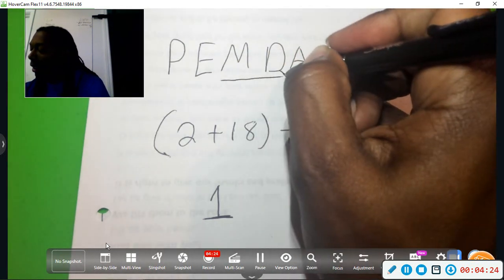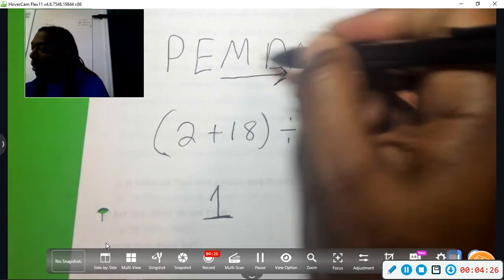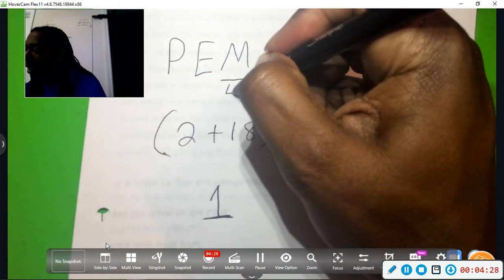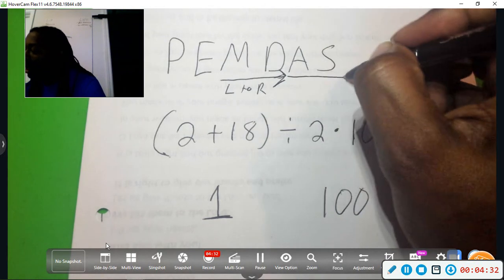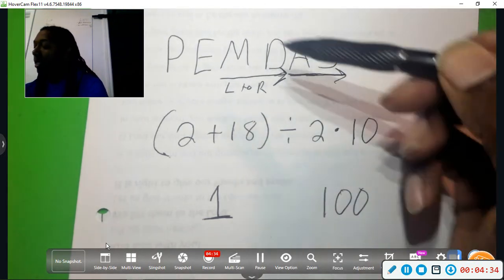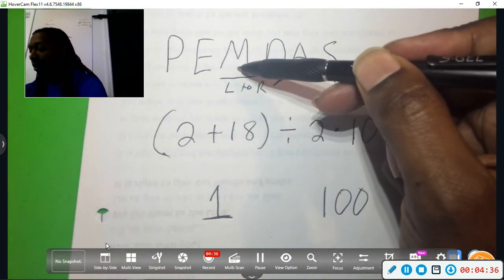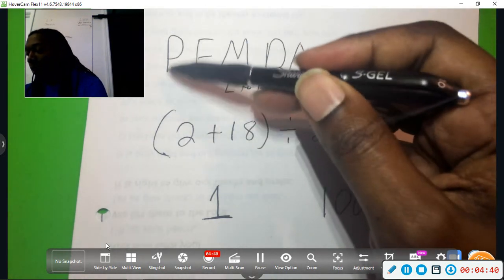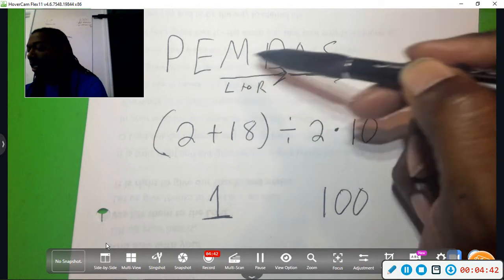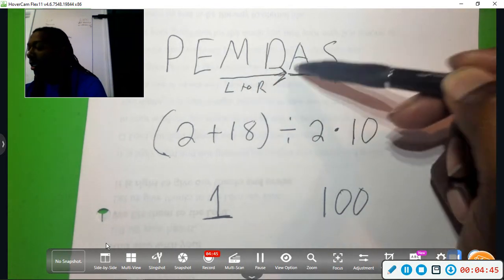Both of these are equal and opposite counterparts. Whichever one comes first, left to right. And the same thing for addition and subtraction. So you don't have to do multiplication first. If division is first, you do division first. But you still have to do parentheses first, you still have to do exponents first, and then either one of these, and then either one of these.